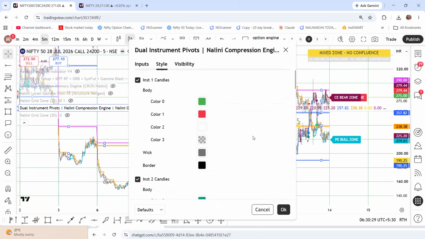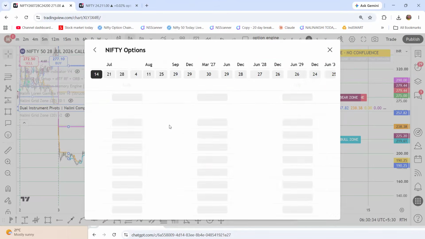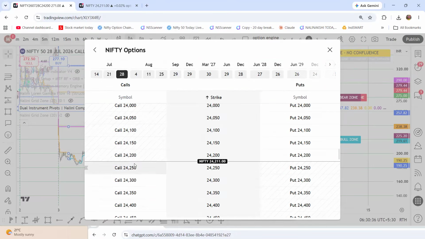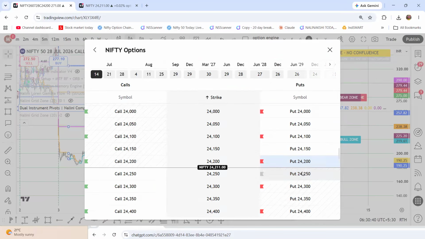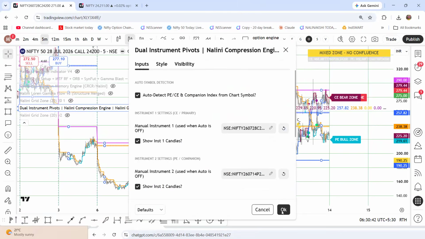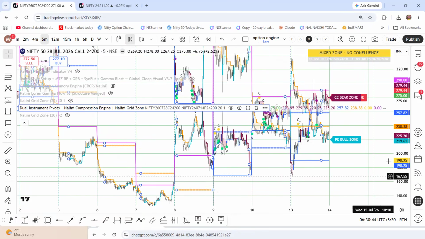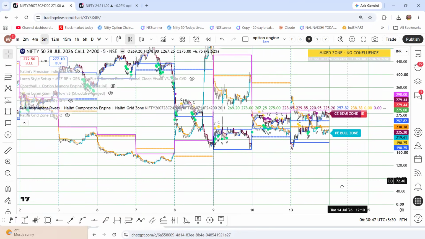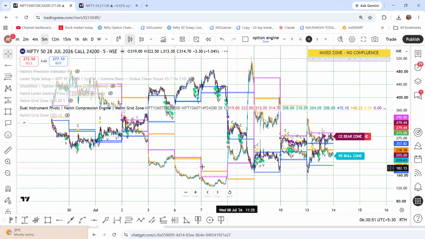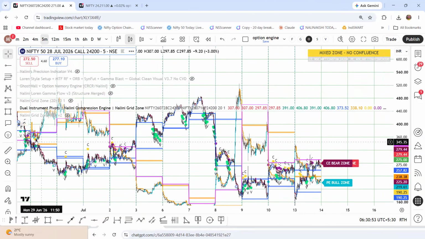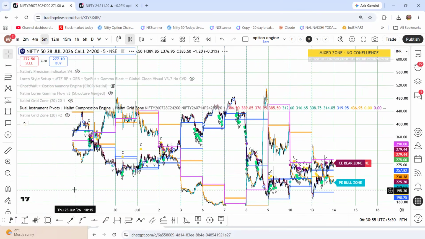I'll go to monthly inputs and put the monthly 24,200 call option, and in this input I'll put the monthly 24,000 put option. Okay. Now you see here, you can see the premiums are very high.